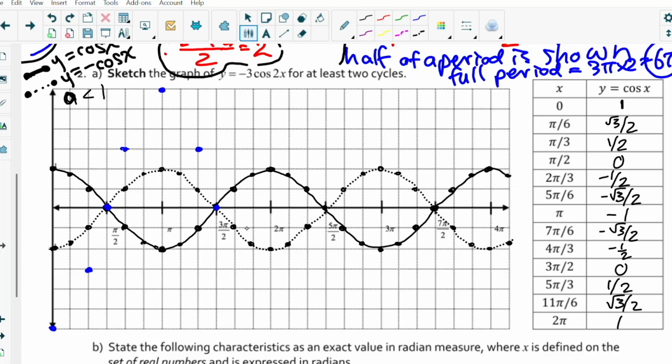So 1, 2, 3, and then 1, 2, 3, and here the x-intercepts are the same. Okay, and so on. And so what does this look like?